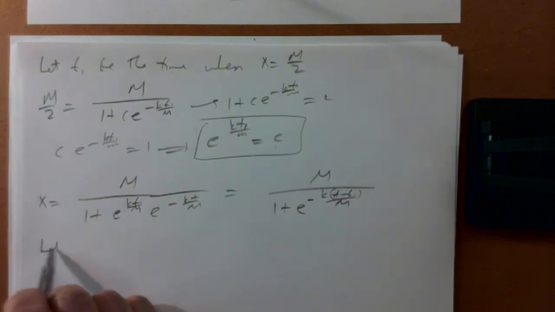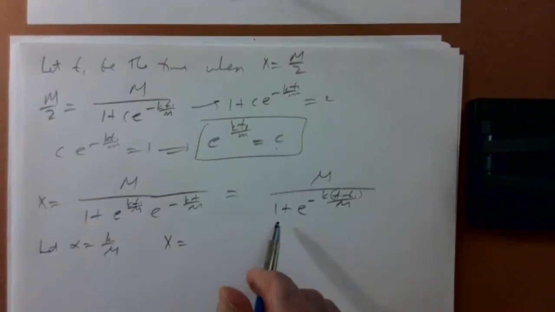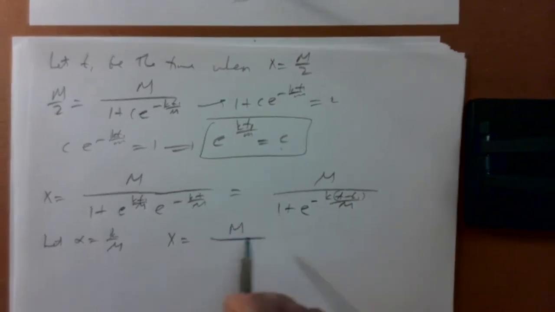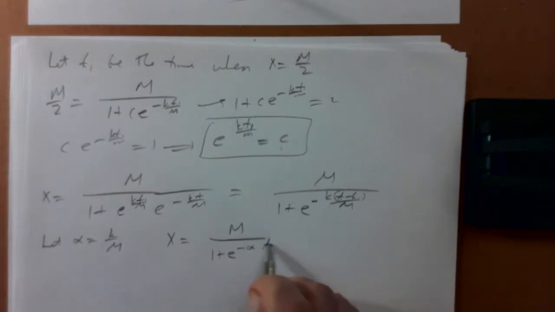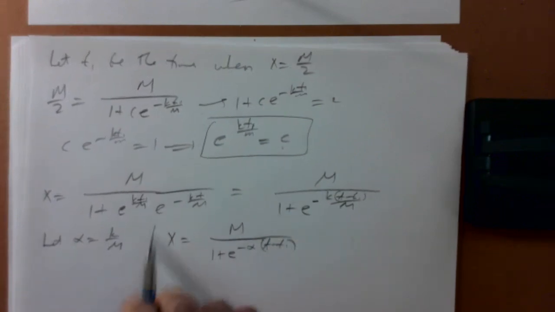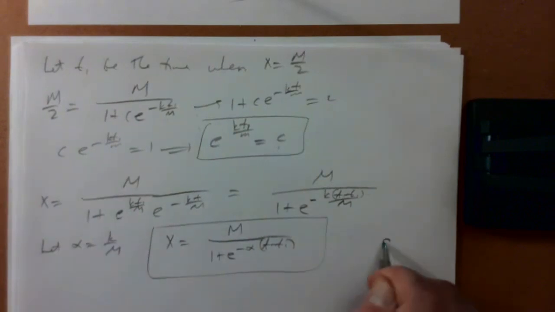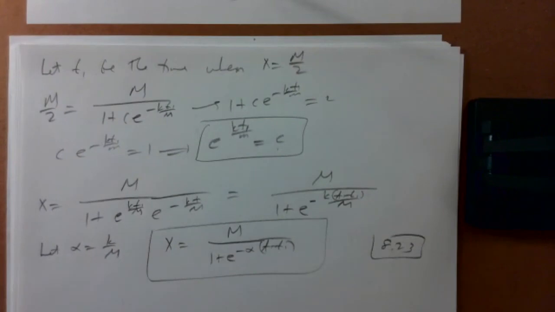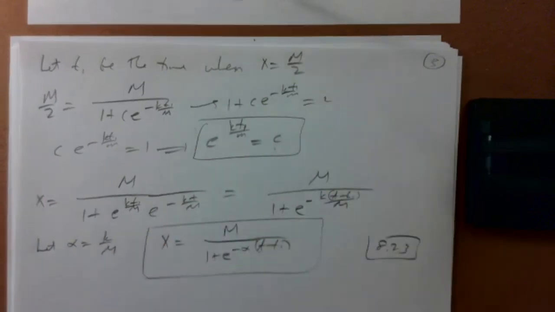And if we let alpha be equal to k over m, we get x is m over 1 plus e to the minus alpha times t minus t1. So this is exactly equation 8.23 in the text. So this is solving this equation, which is a nice example of a separable equation.